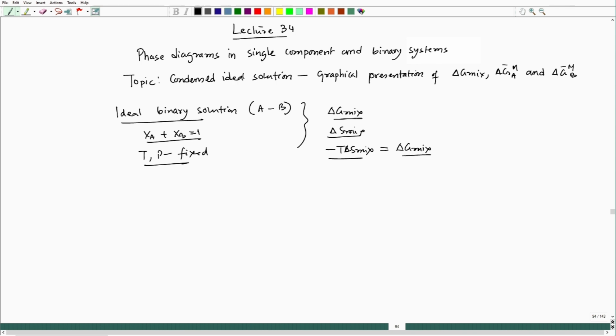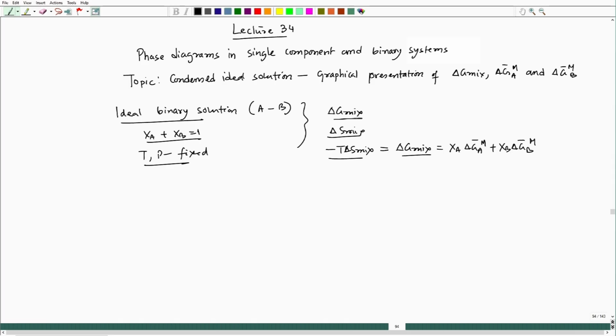And this delta G mix is expressed as X A delta G bar A M plus X B delta G bar B M. M is basically the mixing part.